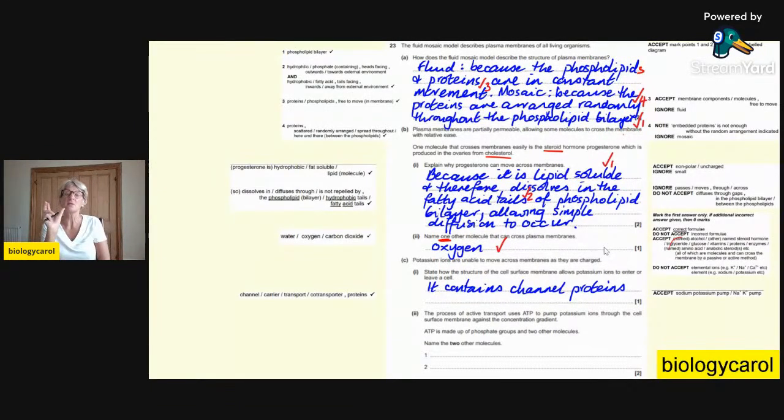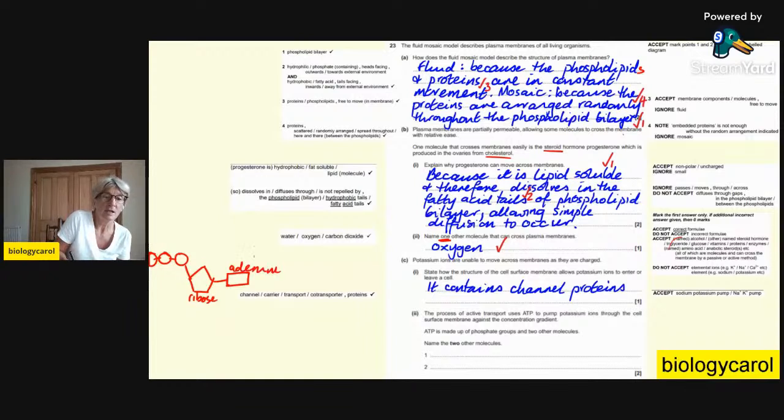So now we have got to be able to name what makes up the adenosine part of ATP. And ATP is a molecule which is a derivative of an RNA nucleotide. This is ribose and this is adenine. These 2 bits together make up the molecule adenosine.